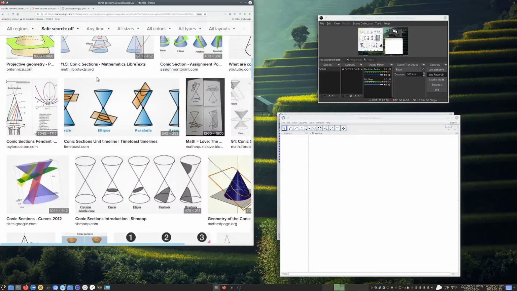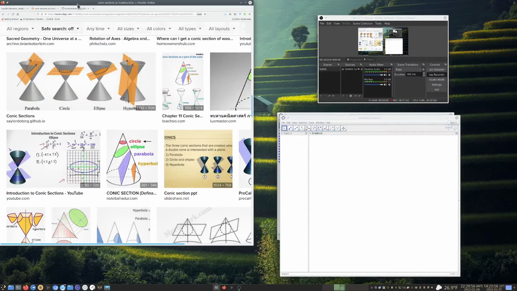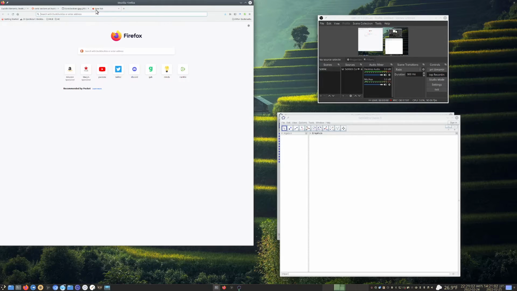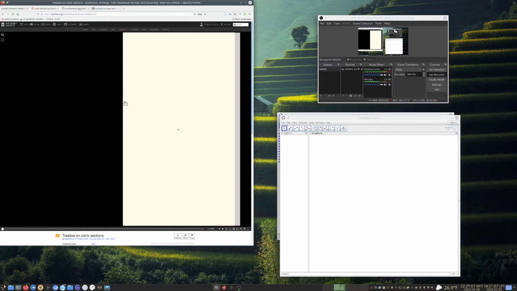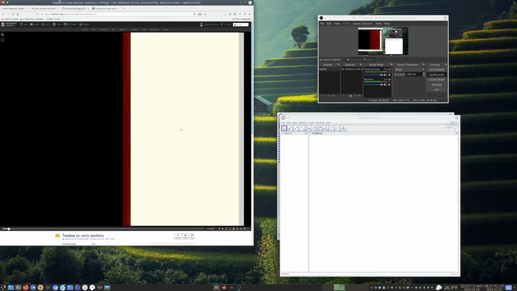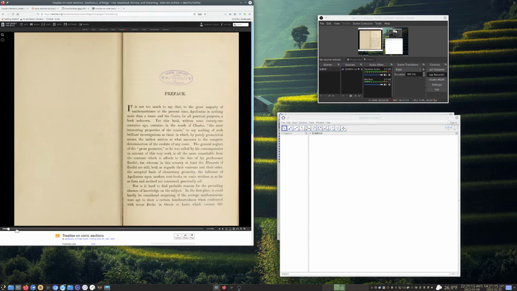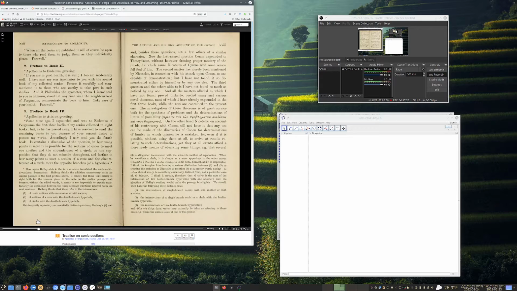Let me try to find it. I don't want to open up Apollonius's book here. Let me just find it. Here. Oh boy, the problem is it's a scan. So this is all public domain. I'll try to remember to link to this down below. And Thomas Little Heath, he's the guy. The same guy who did this translation of Apollonius, who did all the translations of Archimedes into English.